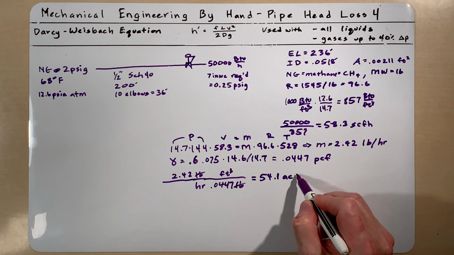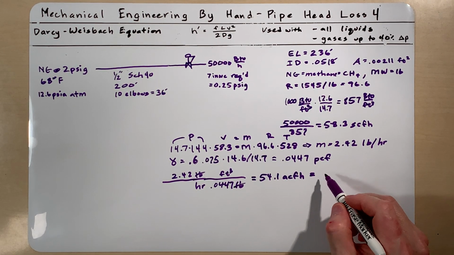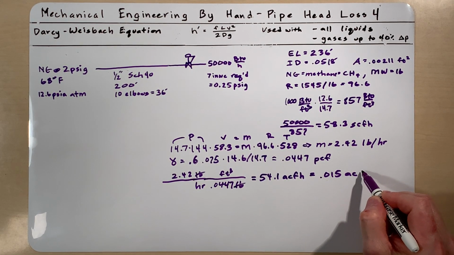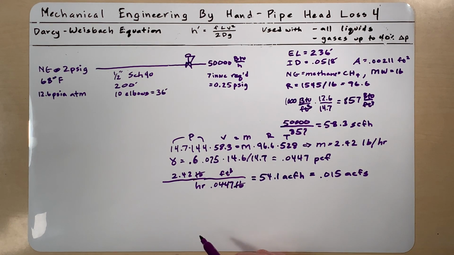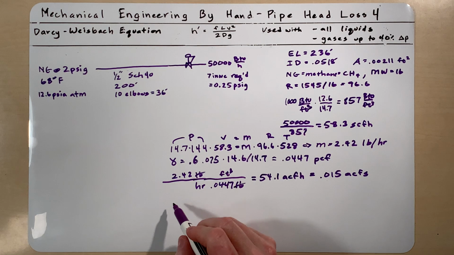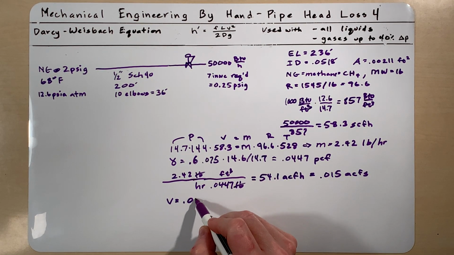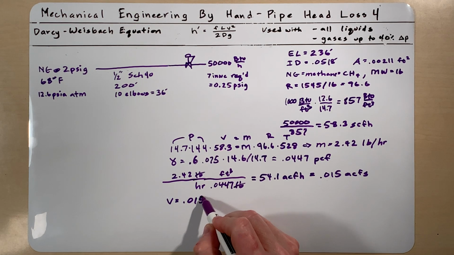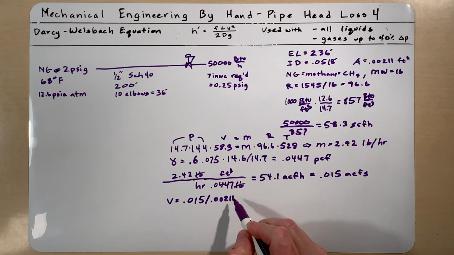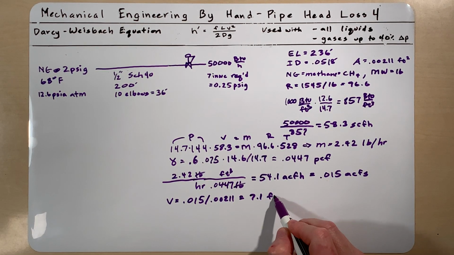This would be actual cubic feet per hour. And then if we divide that by 3,600, that is 0.015 actual cubic feet per second. Okay, and then we need to calculate the velocity, so that would be our ACFS, 0.015, divided by the area, 0.00211, and that equals 7.1 feet per second.